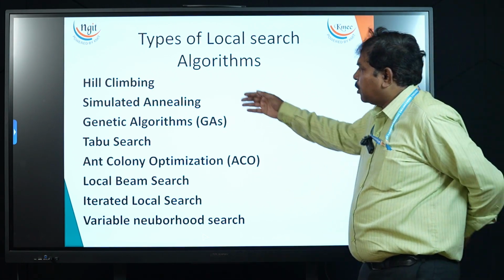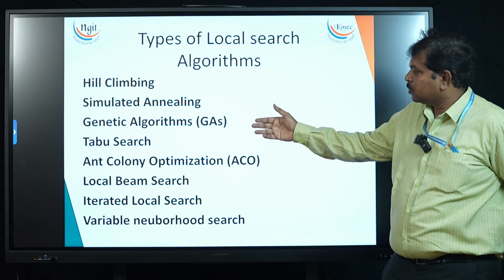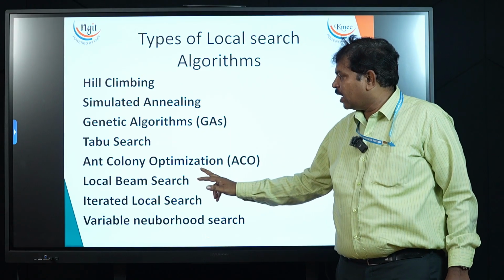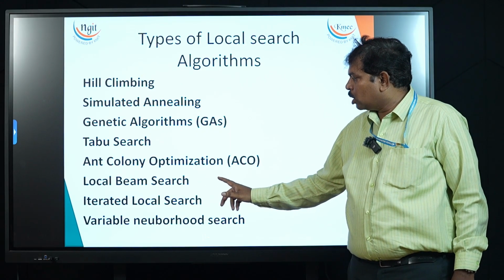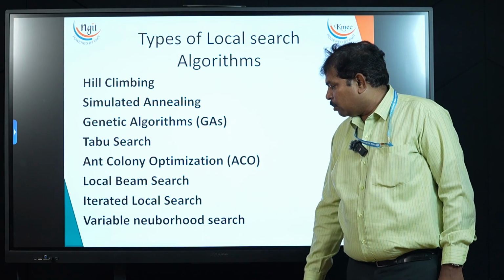These are some local search algorithms that we are going to discuss in the next few sessions: hill climbing, simulated annealing, genetic algorithms, tabu search, ant colony optimization, local beam search, iterated local search, and variable neighborhood search.